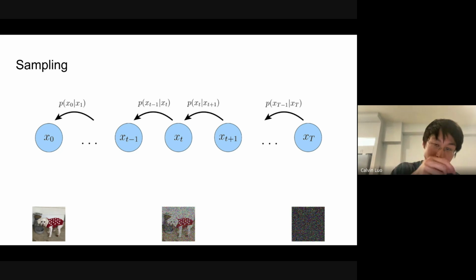You can just repeatedly apply this procedure of predicting clean image, adding back noise. Visually it looks like that, but realistically each of those black arrows, remember they're probabilistic decoders, they're predicting a mean and a standard deviation, but really the mean is the same as x0, so that's why visually we go to x0, and the standard deviation is known, and that's modeled by the pink arrow back, which has no parameters.